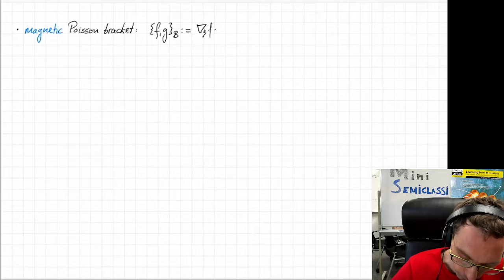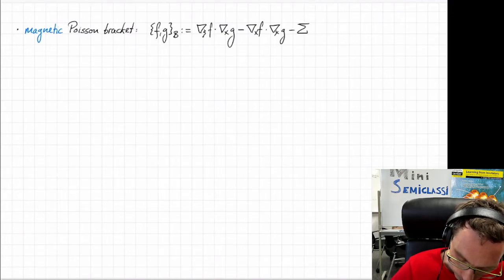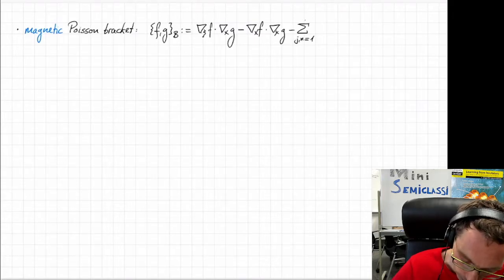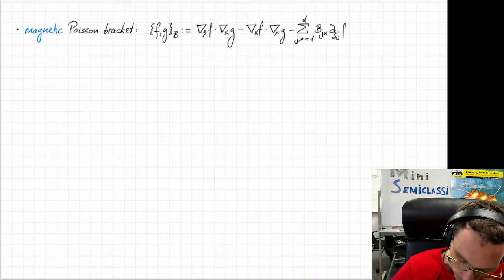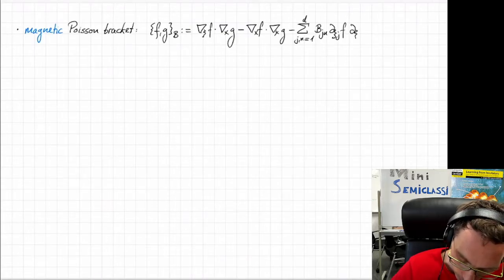So the first two terms should be familiar to you. And then I'm adding a term. I should write out the sum. So here you have to sum over the components. And here you have Bjn, and then you take the derivative with respect to psi j of F and the derivative with respect to psi n of G.